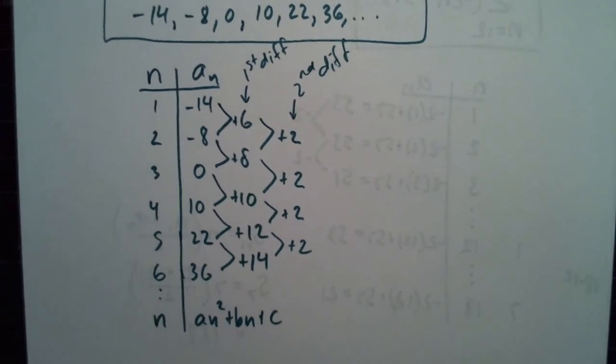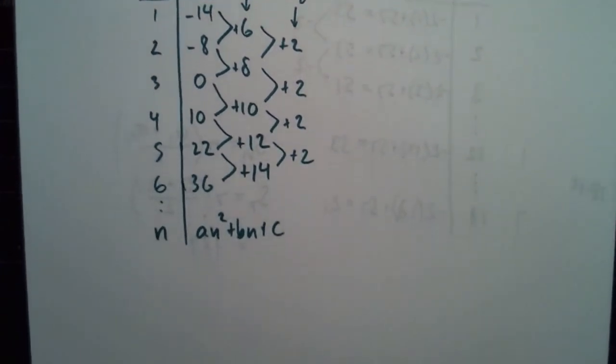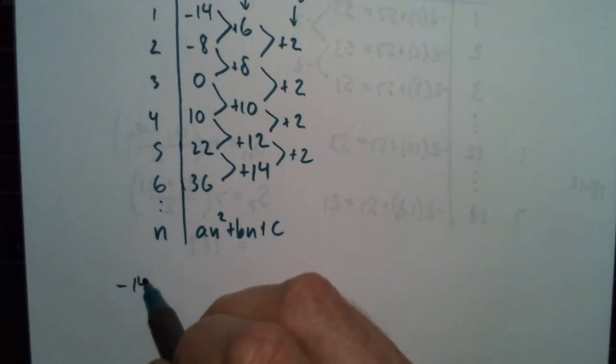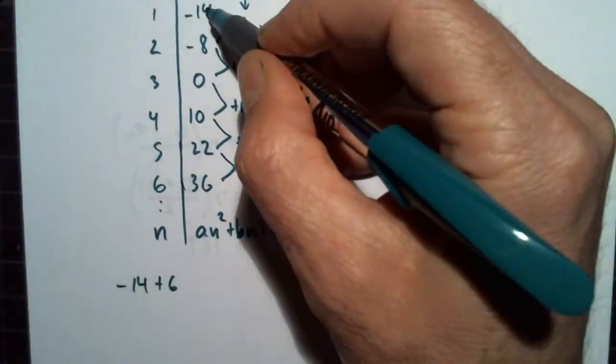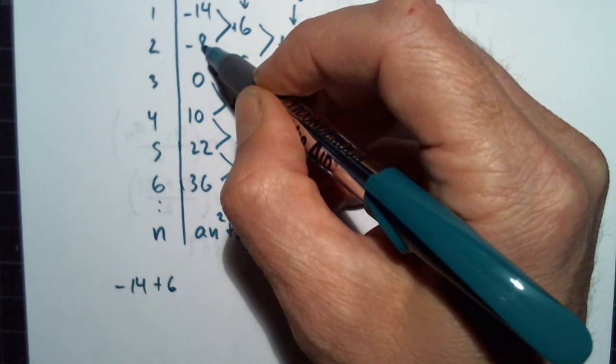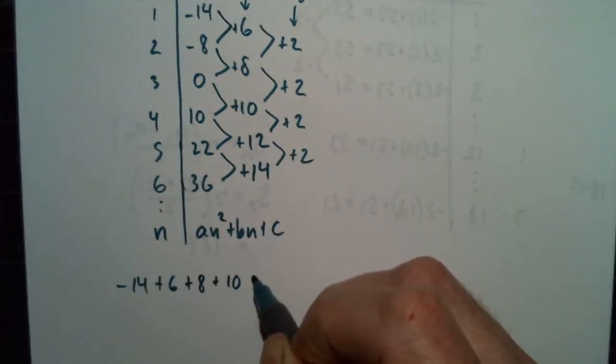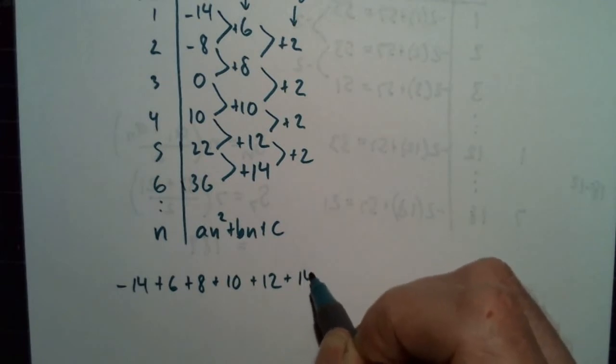So let's look at it like this. Negative 14 plus 6. Negative 14 plus 6 would give you negative 8. And then we'll go plus 8 plus 10 plus 12 plus 14.